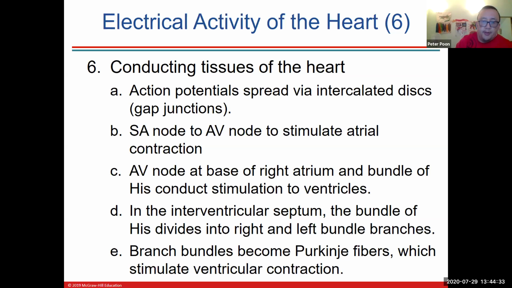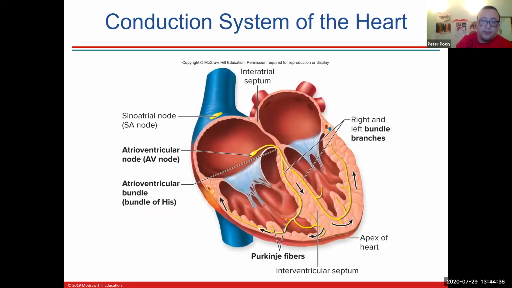All right. So, here's the SA node. The SA node causes the atria to contract. The atria contract independently of the ventricles. The atria contract together, they have one skeleton. The ventricles contract together, they have another skeleton.